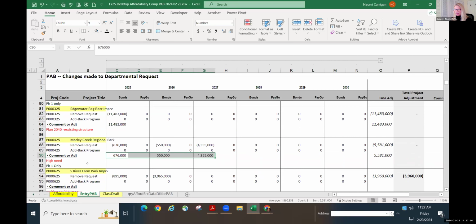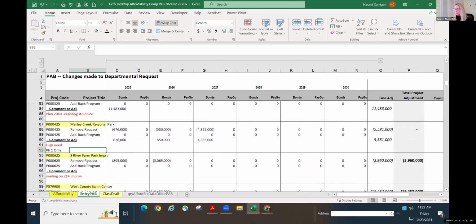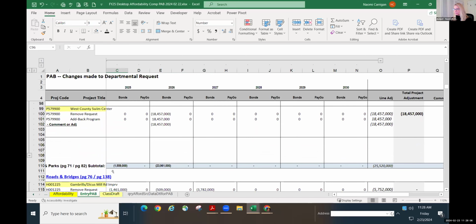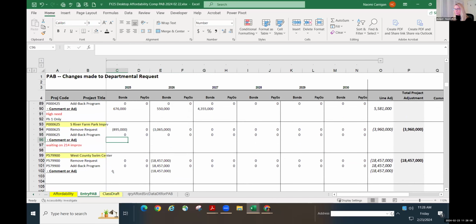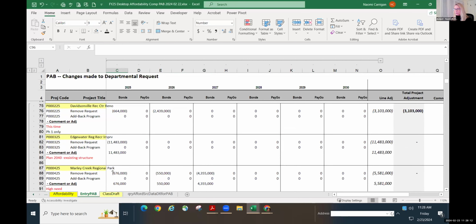It was added back, yes. South River Farm Park improvements, that was removed. And then, of course, the swim center was removed. That covers rec and parks.